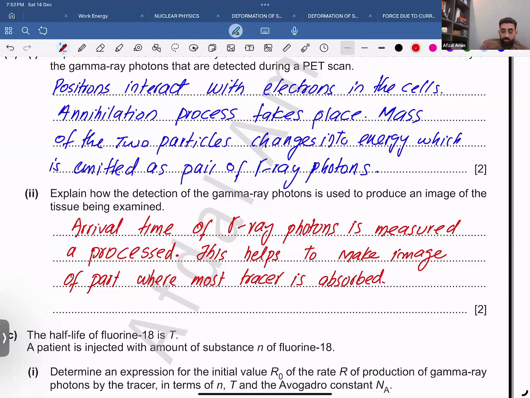Why? Last lesson, if you remember, I told you the cancerous cells or mutated cells have very high metabolism. When they have very high metabolism, they absorb more tracer. So when they absorb more tracer, their tracer concentration tells you what? The cancerous part. So that image is obtained, my dear.